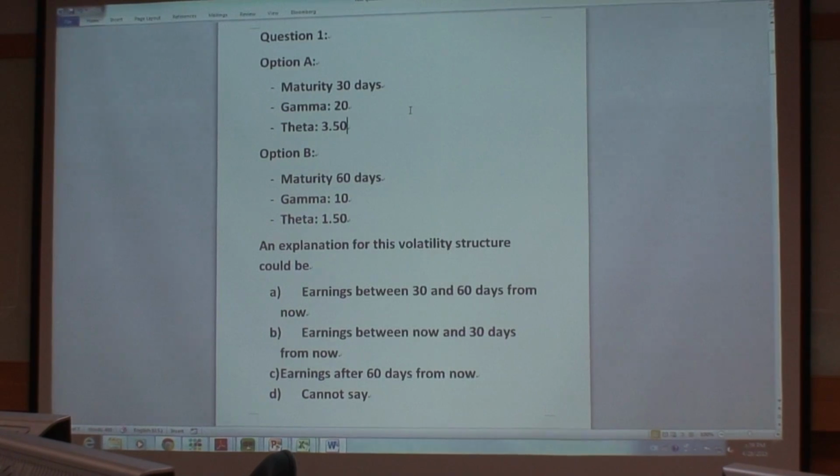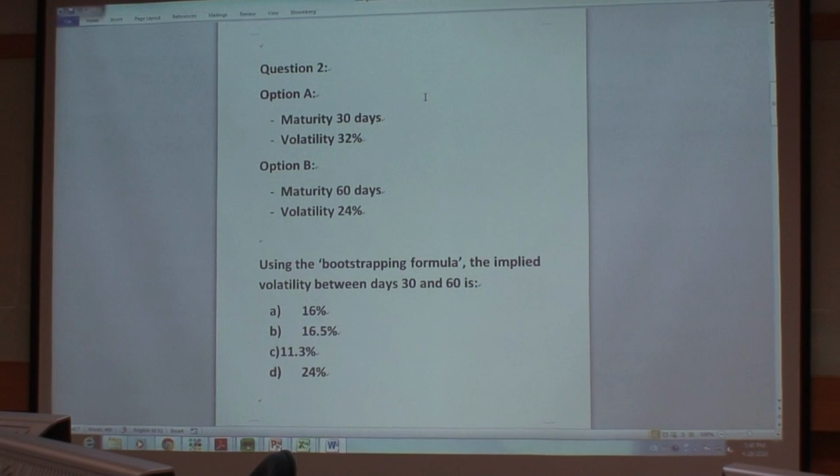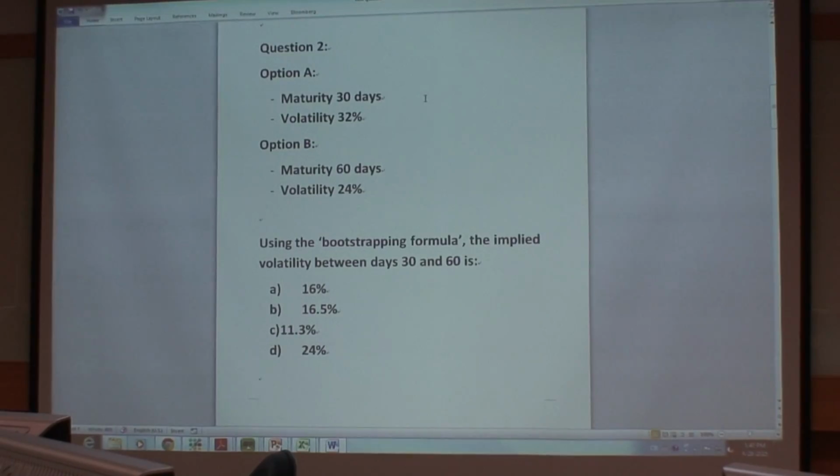So I think the next question is a calculation with regards to earnings. The first one is just a simple one, where you in a way translate the last question into volatility terms. Because what did we know? The gamma theta of option A was less favorable. 1 gamma tends to be more expensive.